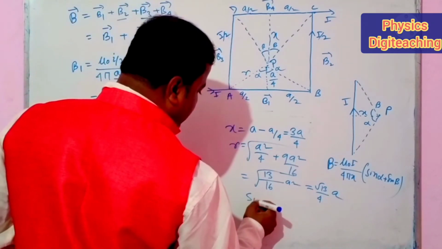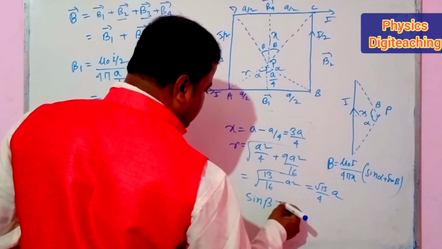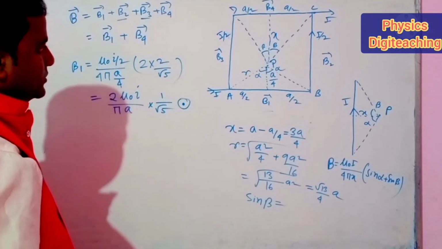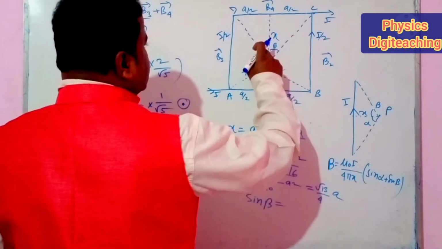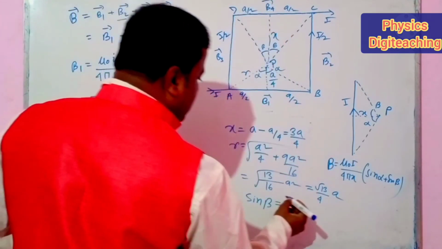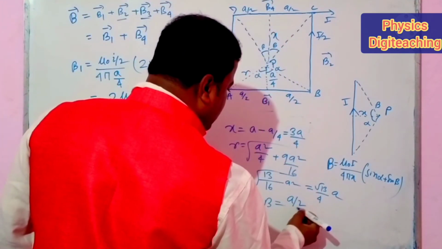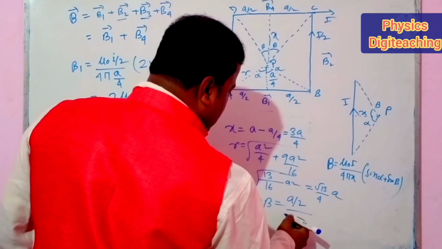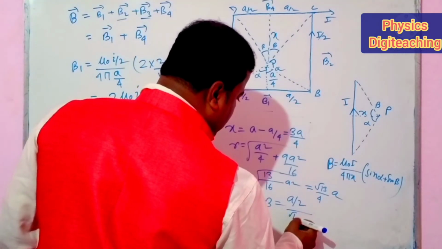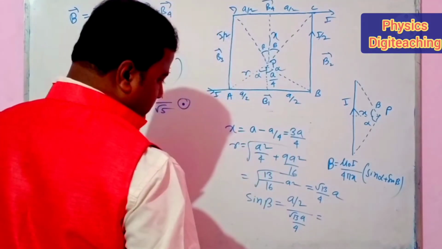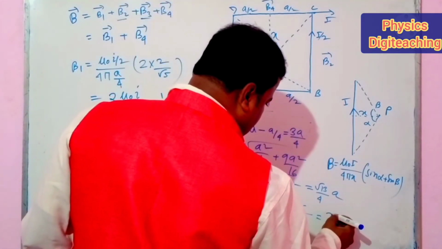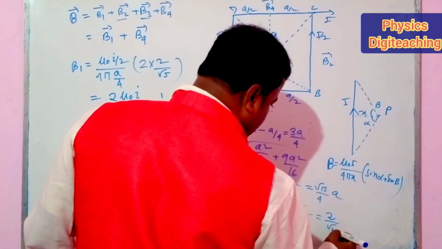And sin beta equals perpendicular upon hypotenuse, therefore a upon 2 upon root 13 a upon 4 equals 2 upon root 13.